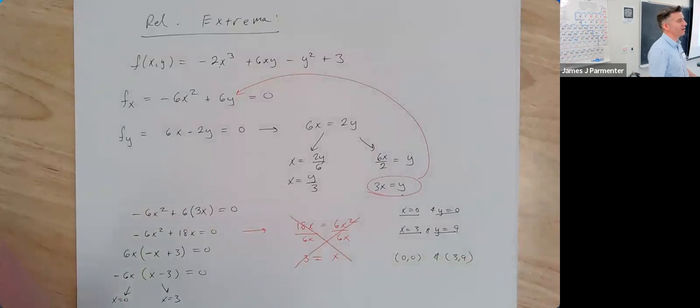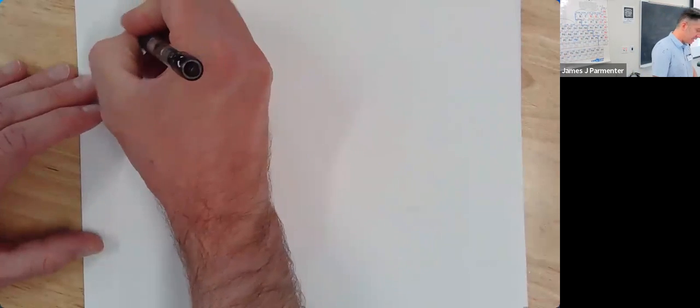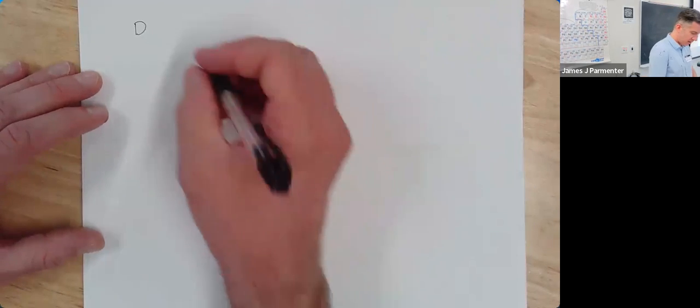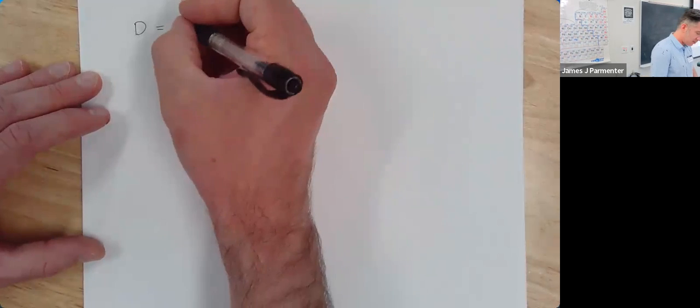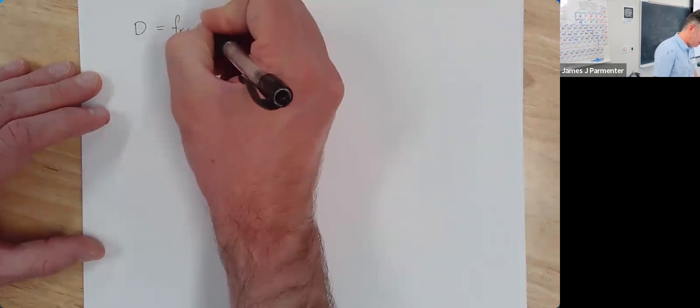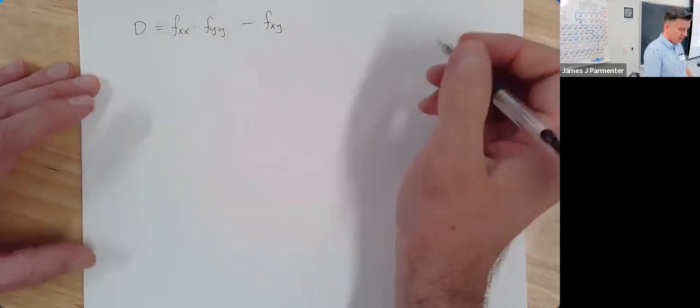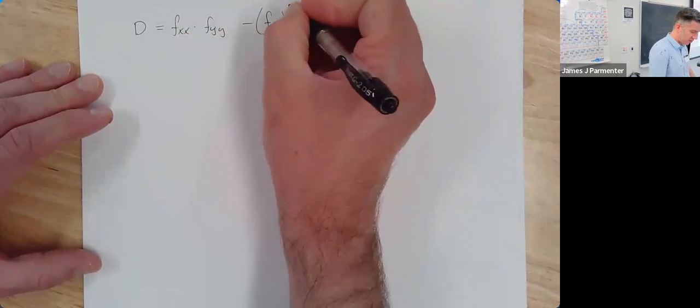What's the letter we use for it? Yeah, it's the fxx thing. It's typically called capital D, for the determinant of a matrix that we don't talk about. It's equal to fxx times fyy minus fxy times fyx, but we usually just simplify it as fxx times fyy minus fxy squared.